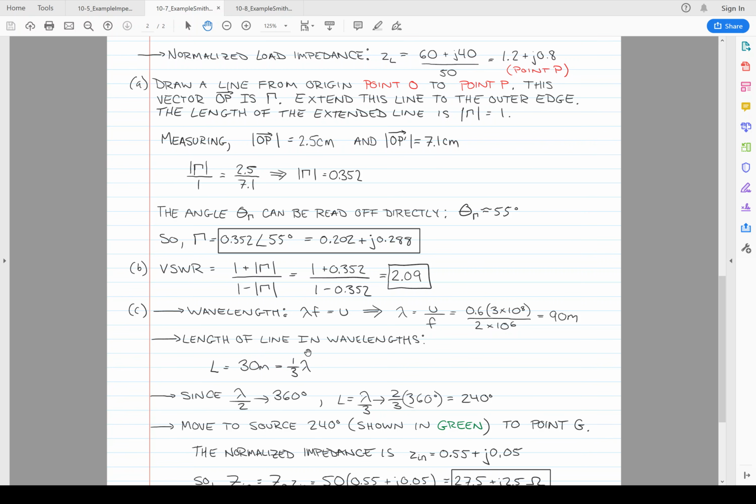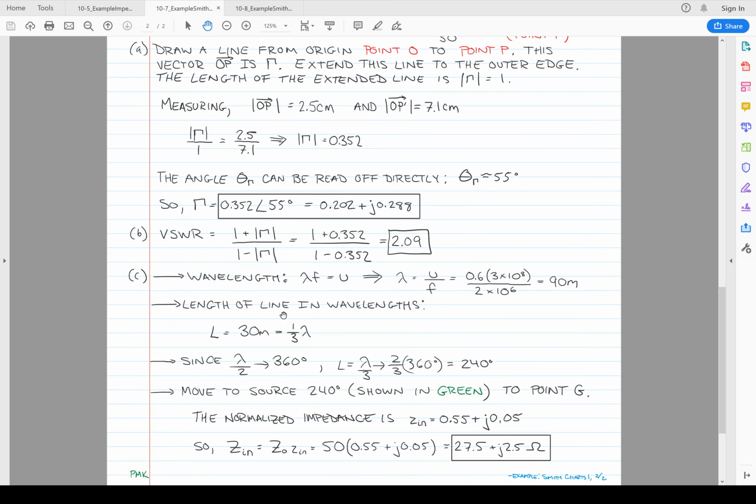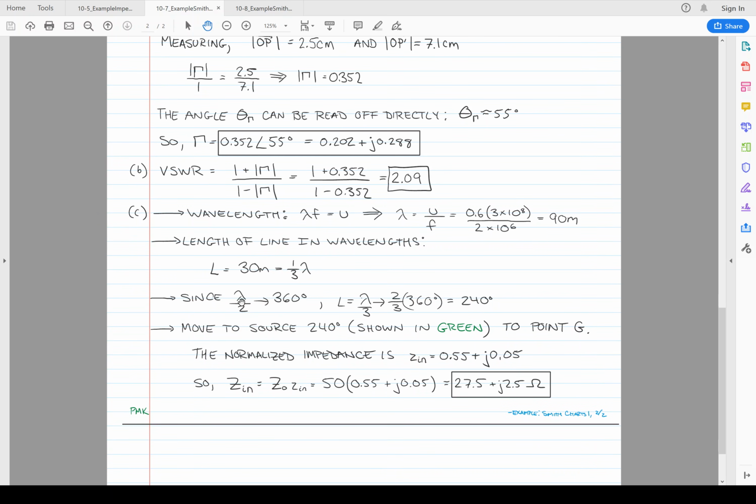And so we're going to get the length of the line in units of wavelength. We're told that the length of the line is 30 meters from source to load, and so that's 1/3 wavelength, right? Because the wavelength is 90 meters, and 1/3 of 90 is 30. If you recall from the previous video, lambda over 2 corresponds to 360 degrees.